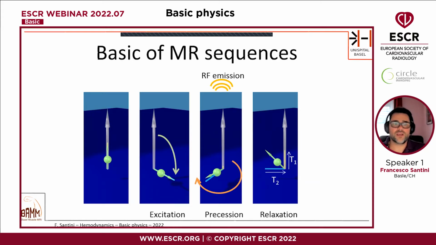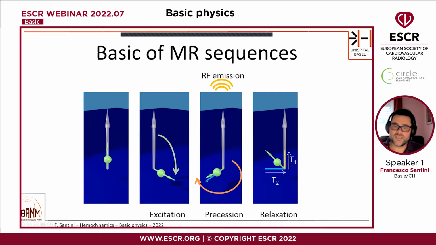At its core, an MR sequence is a sequence of events that we control as operators or as programmers. We start with the protons of our body aligned with the main magnetic field in this equilibrium state. In the excitation phase, we can dip our magnetization vector into the transverse plane. Physically, this magnetization vector will then start to rotate around the main magnetic field in a movement called precession.